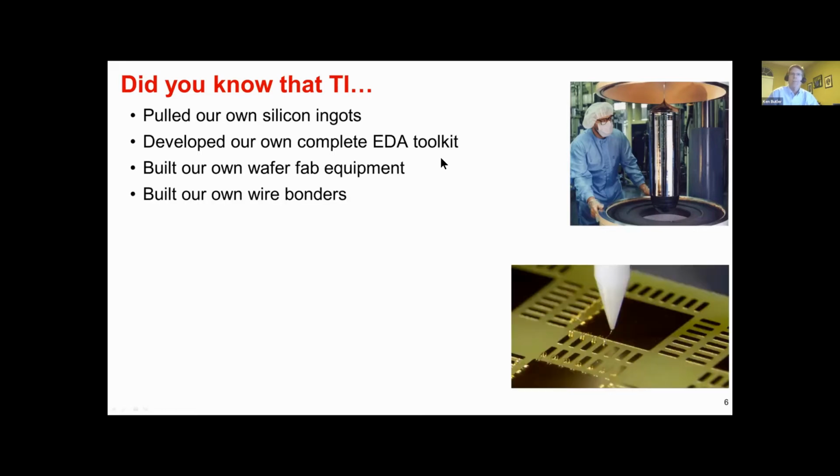We built our own wire bonders for the same reason. You couldn't buy these things back in the early days; you had to make them. There's a building here in Dallas on the east side of what we call the North Campus, where a lot of these pieces of equipment, including the wire bonding technologies, were actually built.